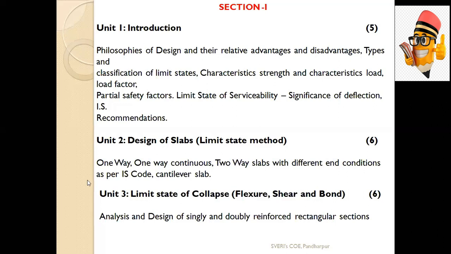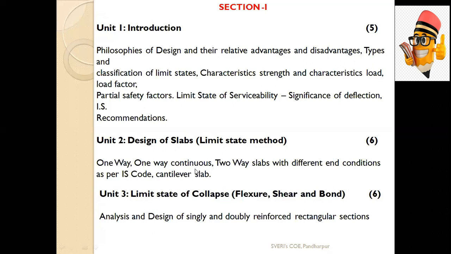Normally, the design of a cantilever slab is very easy, so they do not go for asking the design of a cantilever slab, but still we are going to see all the slabs. The IS code is needed for us while designing the slab. We have to see what is a one-way slab, what is a two-way slab, what is main steel.